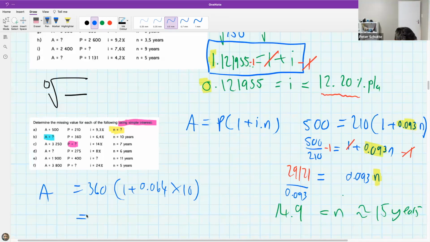And then what do we get for that? $590.40. So if you start off with 360 and you get simple interest of 6.4% per annum for 10 years, you end up with that.